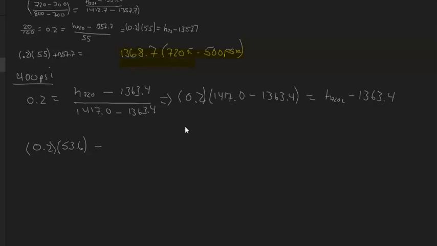Then we're going to add this number to it, so we'll add that number 1363.4, and when we work this out, we're going to end up with 1374.1.